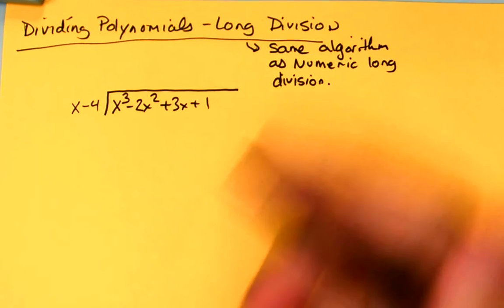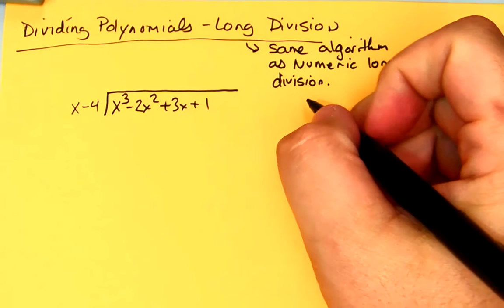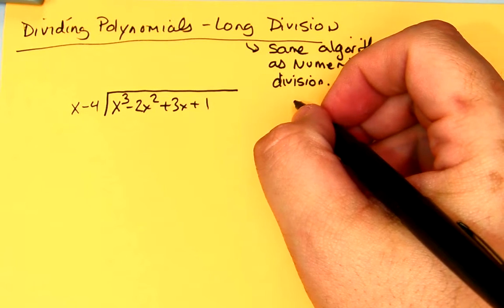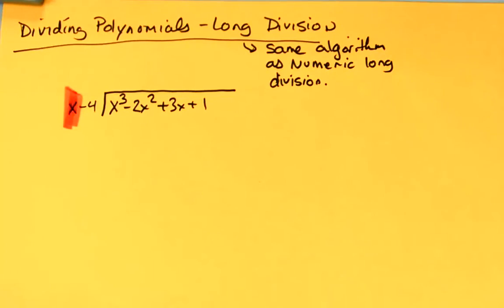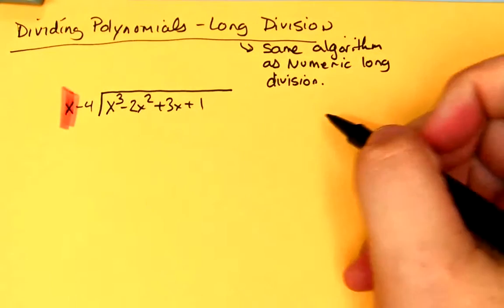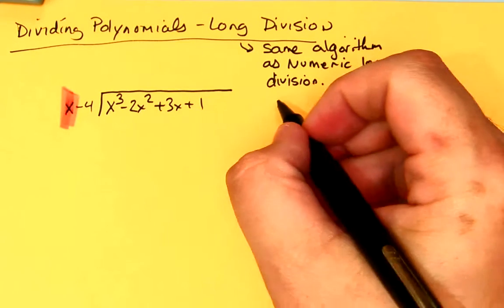So the key to all of this is one specific term, and let me get my highlighter so I can highlight it in a weird color so you can see it. It's this guy right there, the first term in our divisor, that x.